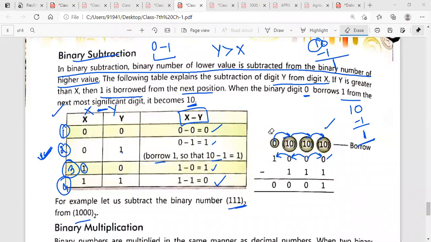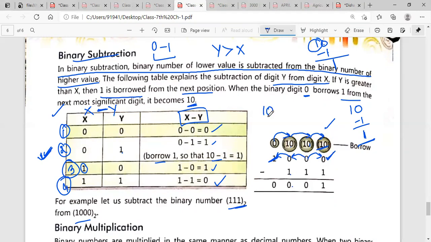Now here is 1 0, minus 1 is again 0, and here only 0 will be left, and we will write the 0. Now this digit on the left side has started taking a borrow from this one. And this 10 you can write as 10.